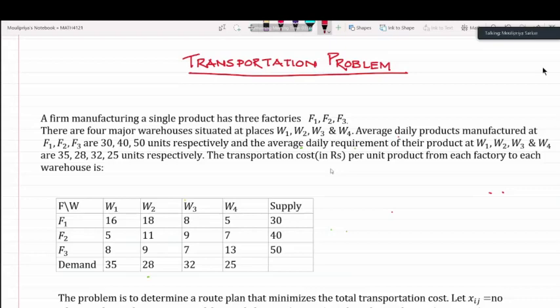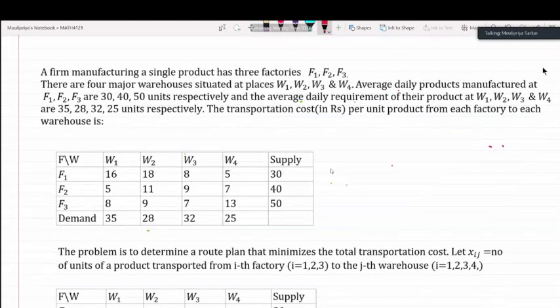First, I would request you to read the lines that are written. It says that a firm manufacturing a single product has 3 factories, F1, F2, and F3, and there are 4 major warehouses, W1, W2, W3, and W4.